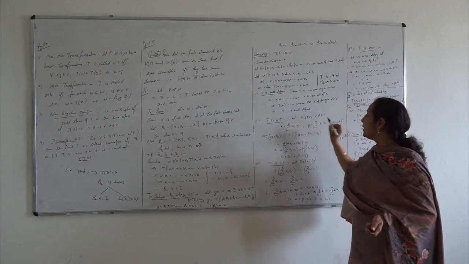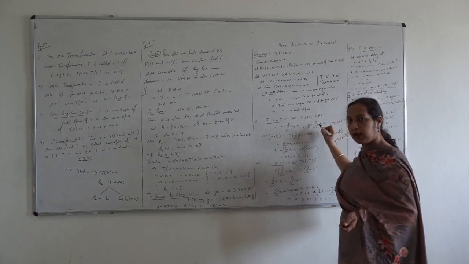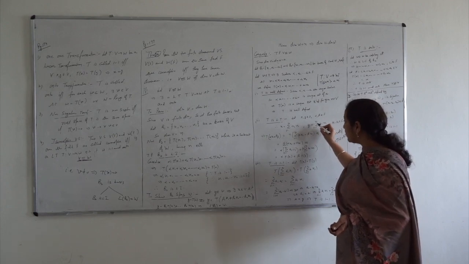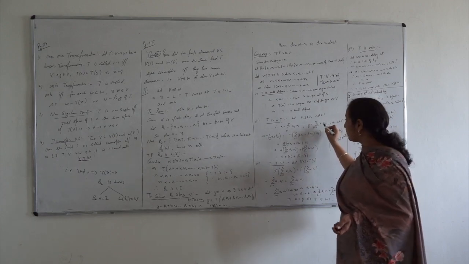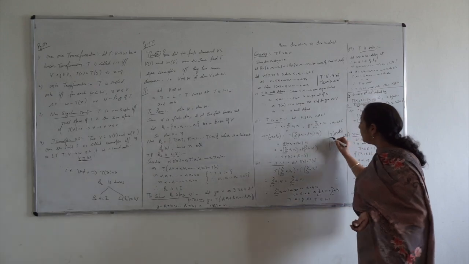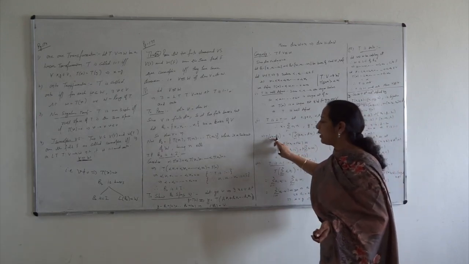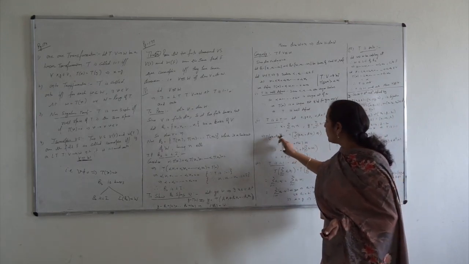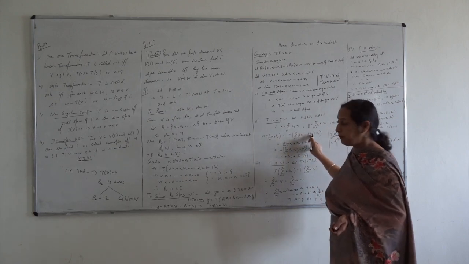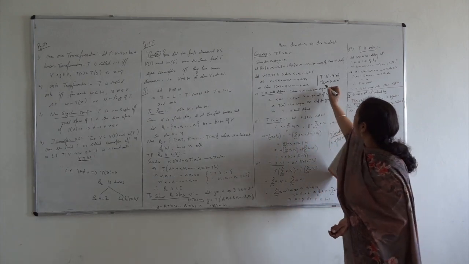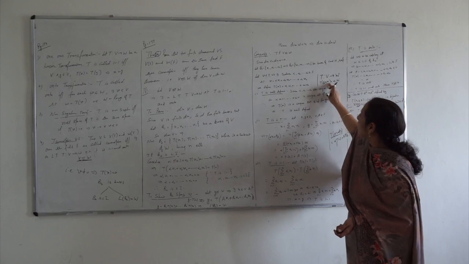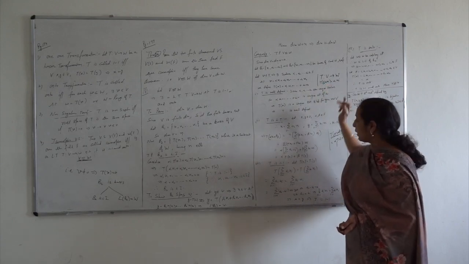If y is an element of V, then y can also be written as a linear combination, summation of beta i vi. Now we take the left hand side, T of alpha x plus beta y. We put the values of x and y, and then we take the transformation like this: T of summation of alpha i vi is equal to summation of alpha i wi.